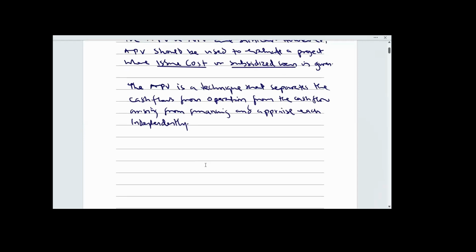So because of time, let me quickly show you the procedures. Okay, procedures involved in calculating adjusted present value.